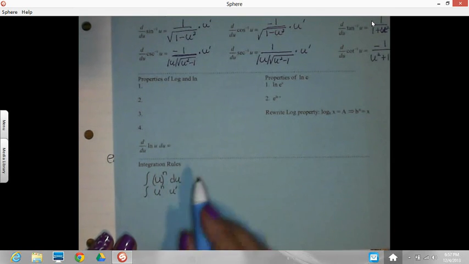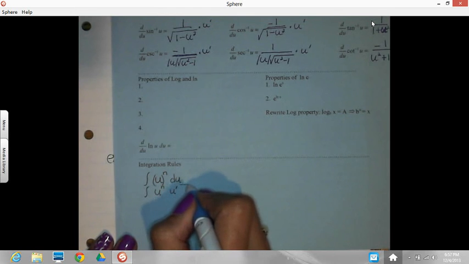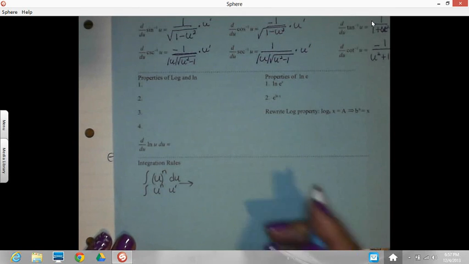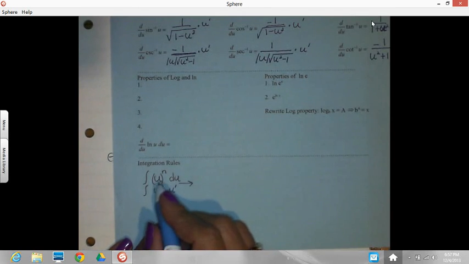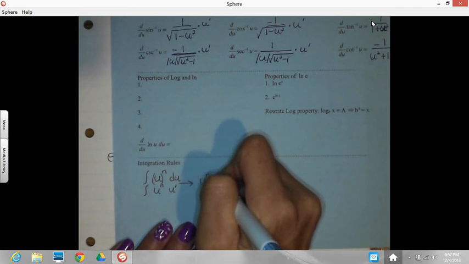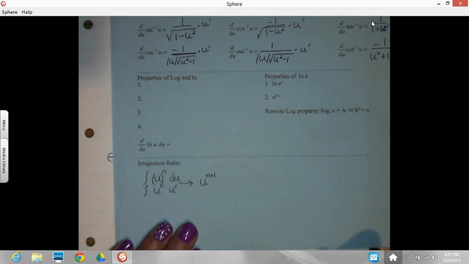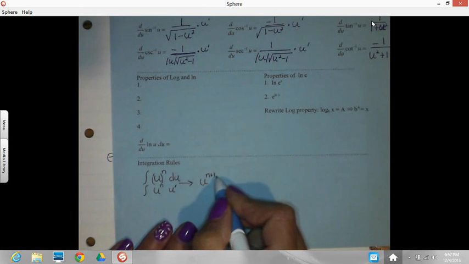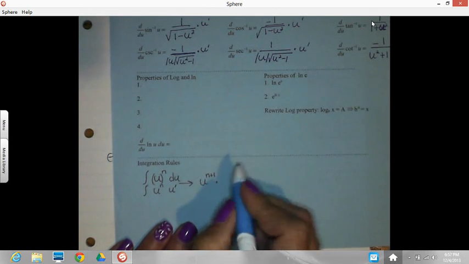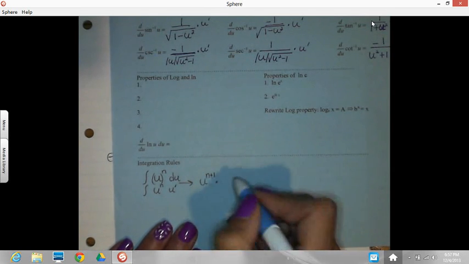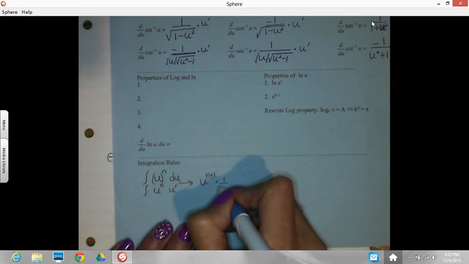So in order to integrate that, your rule, your simple rule now, no more thinking, is going to be, you're going to take your inside, add 1 to the exponent, just like we did before, and then you're going to multiply by the reciprocal of that exponent. So if you think about it being over 1, the reciprocal of that's going to be 1 over n plus 1.